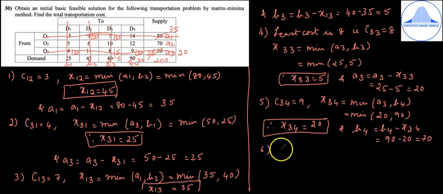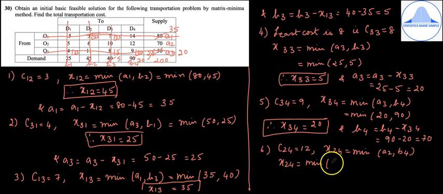So the least cost now is 12. 12 is present in 2-4. So C24 is equal to 12, and X24 is equal to minimum of A2 comma B4. A2 is 70 and B4 is also 70.